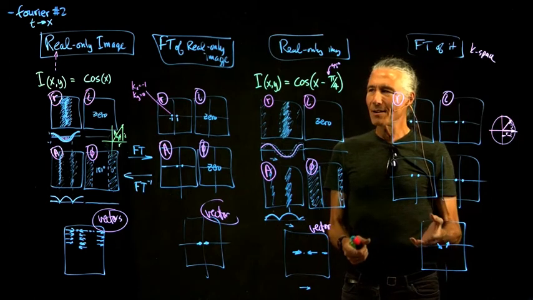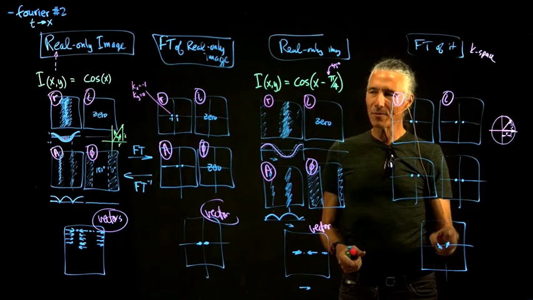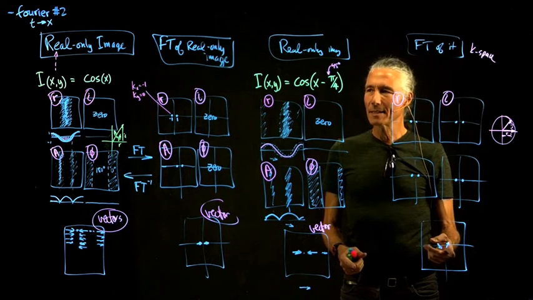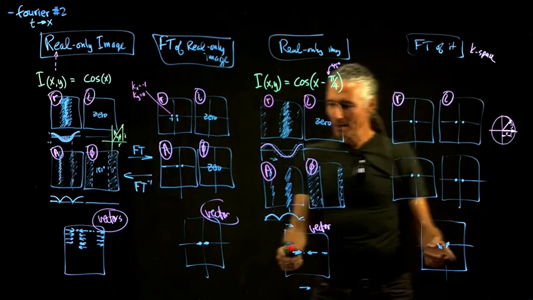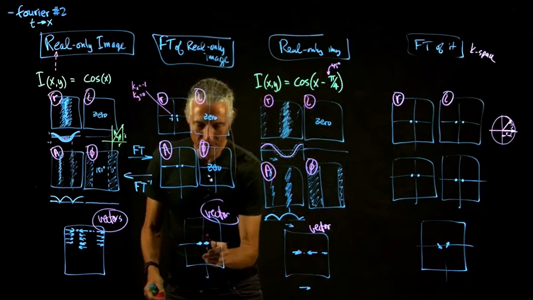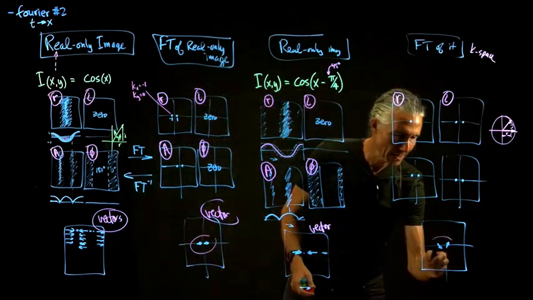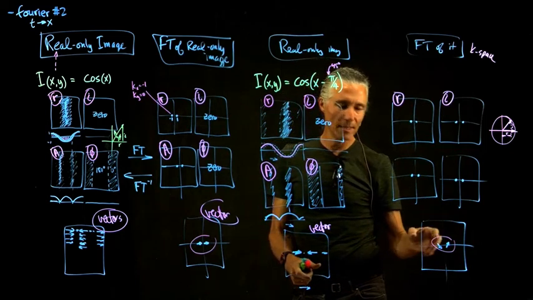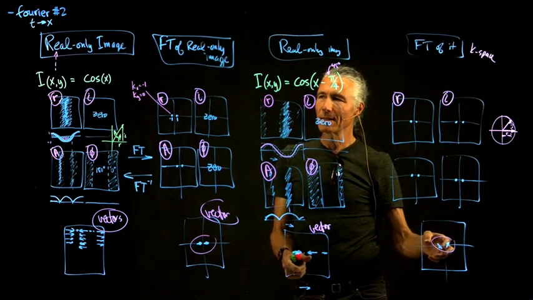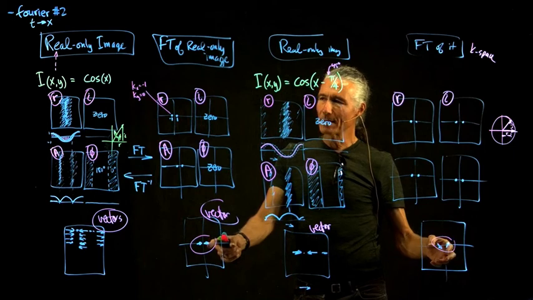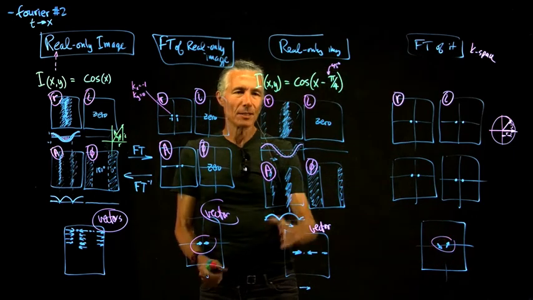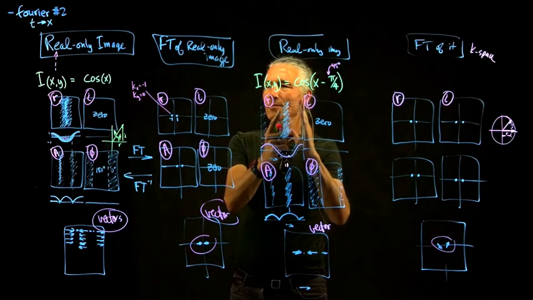Bizarrely, what happens is when we mess with the phase in k-space, it used to be like this, and now it's like this. So we didn't change the location in spatial frequency space. We just changed the phase. So we keep the amplitude the same and just change the phase. What does it do? It shifts the image. It actually shifted the image over this way.